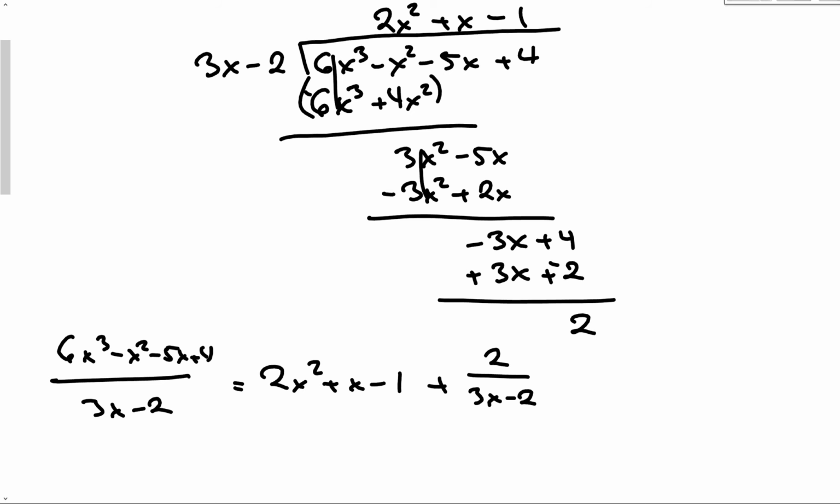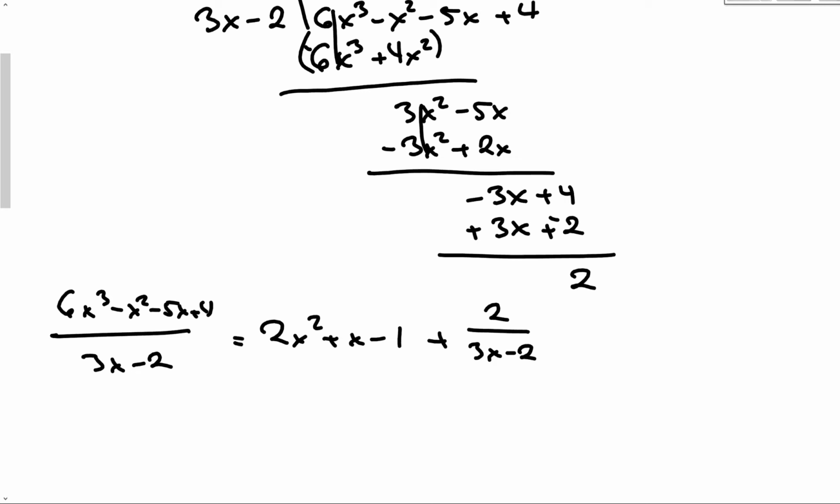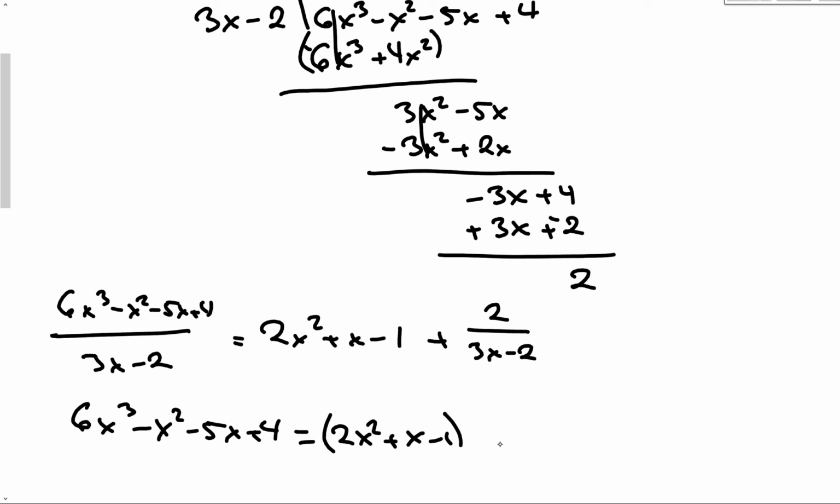Then if I clear the fractions by multiplying both sides of this equation, which is true, by 3x minus 2, I would get that 6x to the third minus x squared minus 5x plus 4, my original polynomial, is equal to 2x squared plus x minus 1 times 3x minus 2 plus a 2 left over, plus a remainder of 2.